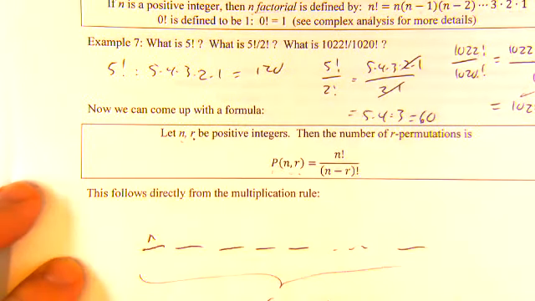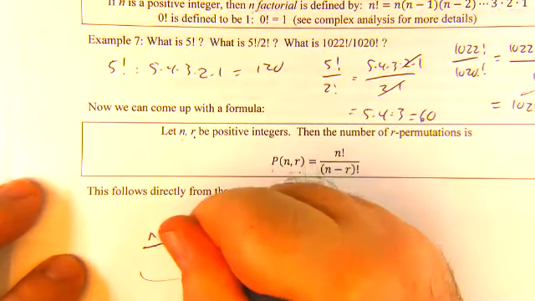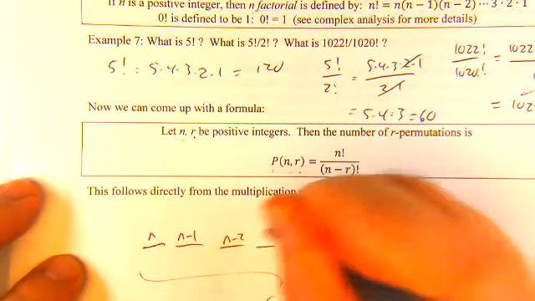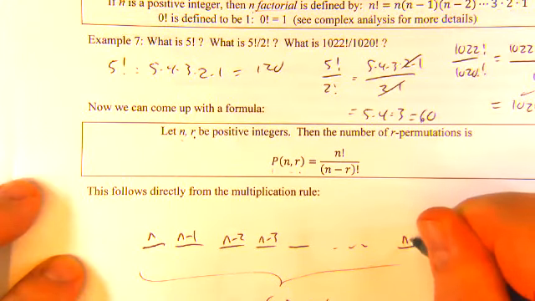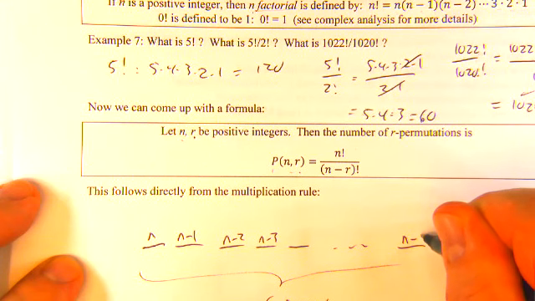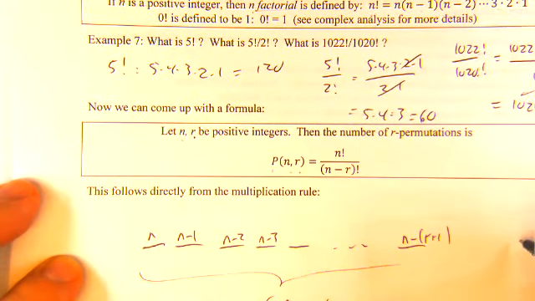Put n here. If I'm having no repeats, then n minus 1 there, n minus 2, n minus 3, dot, dot, dot, down to n minus r plus 1. You multiply all that out, that becomes n factorial over n minus r factorial.